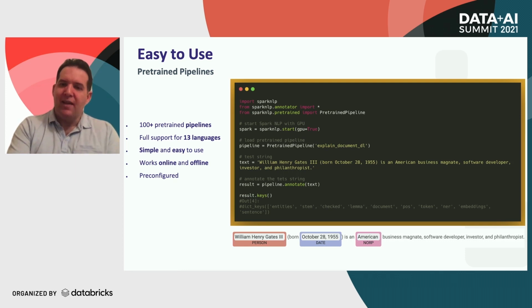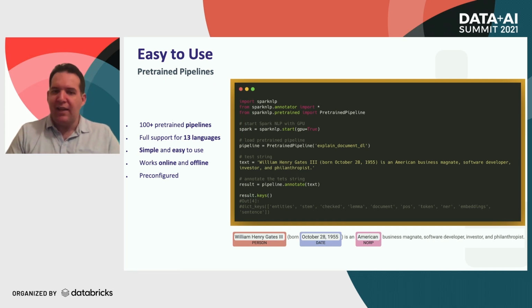What this pipeline does is it takes a document, it splits it into sentences, it tokenizes, it does some basic text cleaning, and then it calculates word embeddings. If it's DL, I believe this one uses GloVe out of the box, but there's also a document BERT if you want it to use BERT, and it runs named entity recognition.